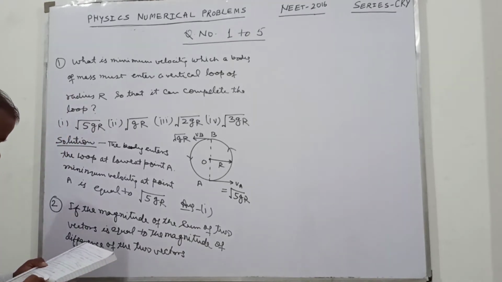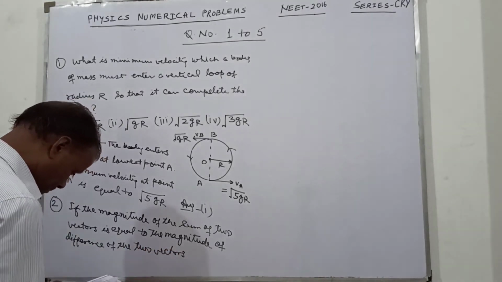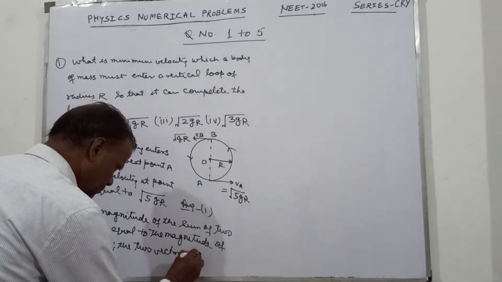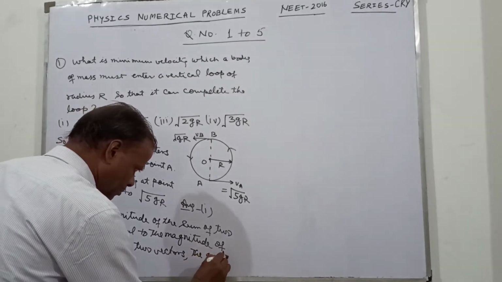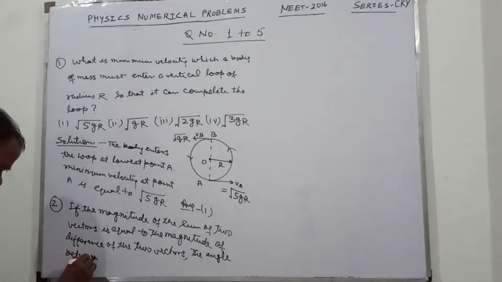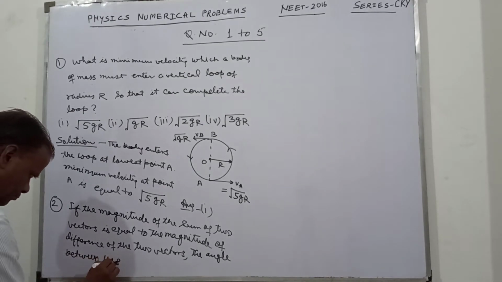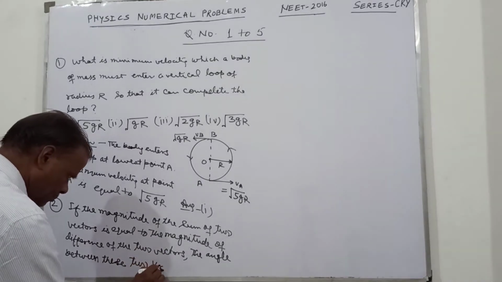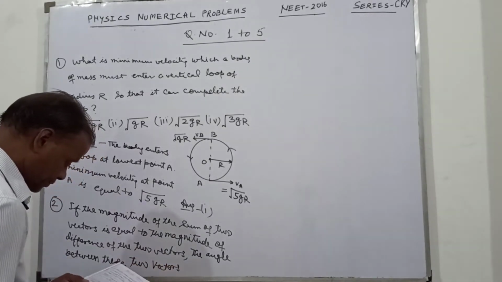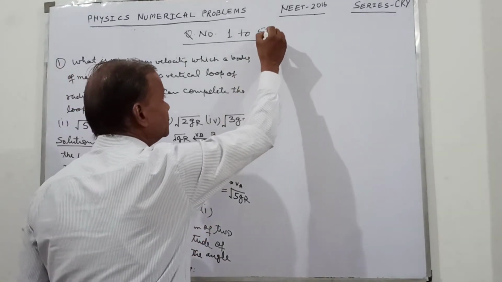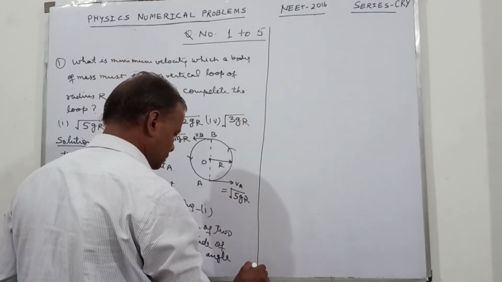the angle between these two vectors is? Now the options.